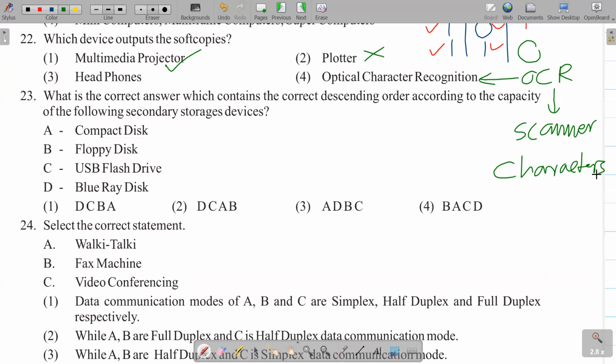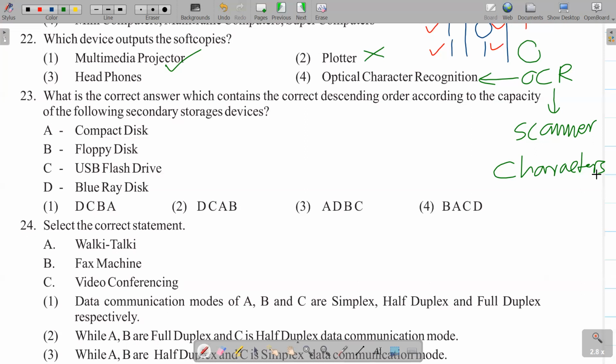So we can edit it once we receive the OCR scan in our computer, right? So it's an input device. Definitely it's not going to be an output, so it's not going to output anything like soft copies. OCR is a device which is used to input a soft copy, right? So the correct answer is going to be the first one.